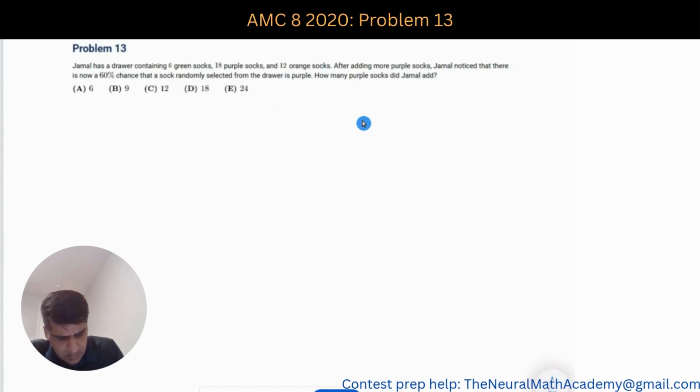So let's take the ratios of the purple socks with the total socks. So the purple socks that we have, 18 plus P, which are the newly added purple socks, and then the total socks that we have, they are 36 plus P, and that ratio is equal to 60 over 100.